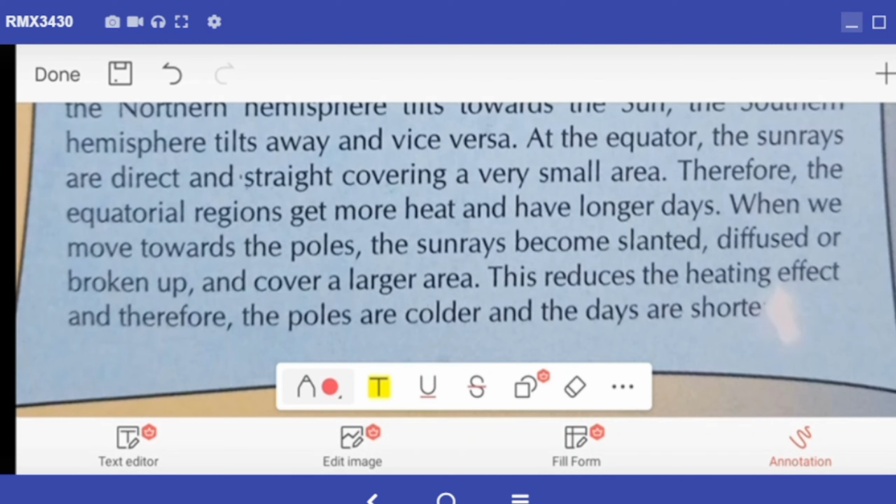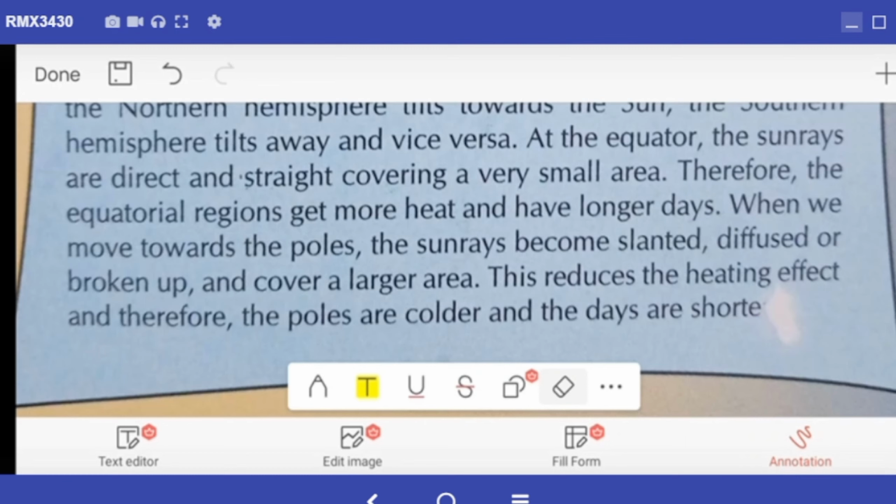Therefore the equatorial region gets more heat and has longer days. This is a very important point to note, that the equatorial region gets more heat and has longer days. Why does the equatorial region get more heat? Because of this tilting.